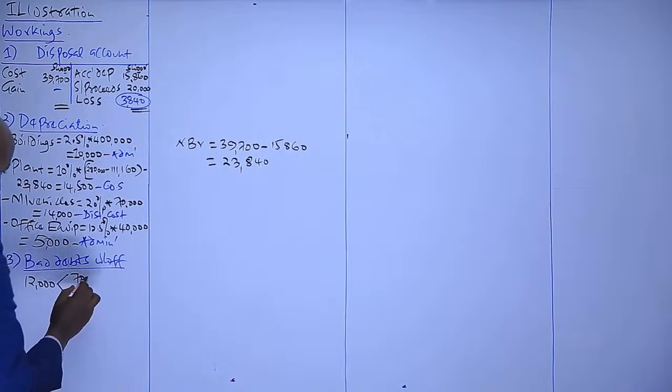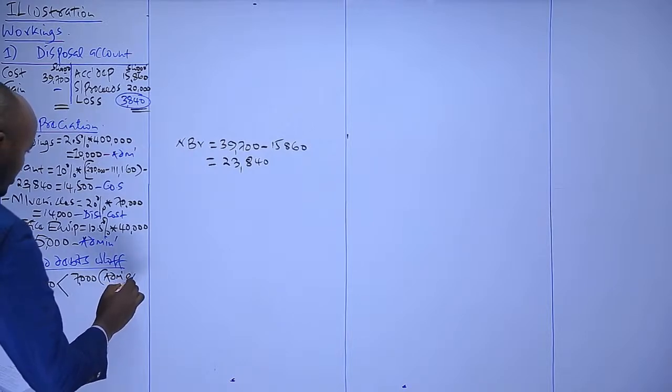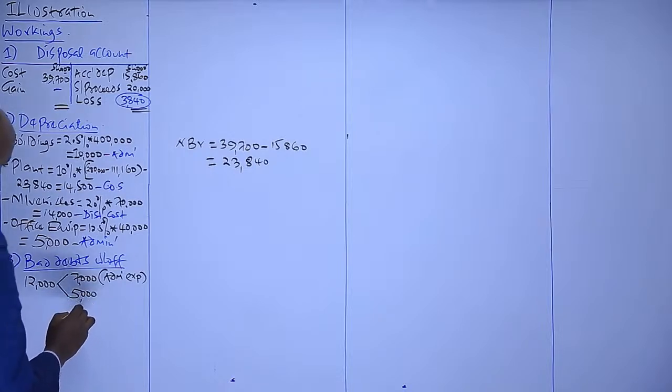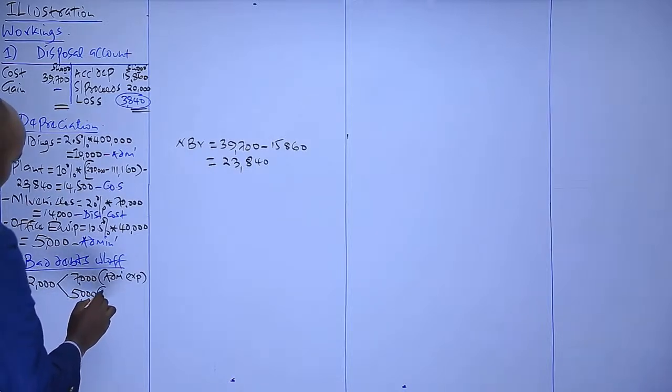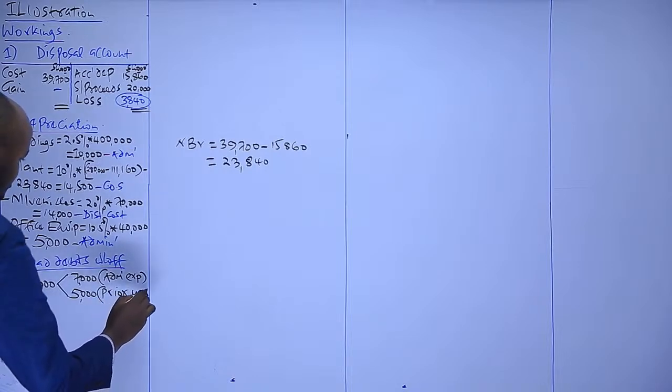So we are told 7,000 relate to the current year. Therefore, in preparing our income statement, we are going to include it as part of admin, and then the difference, which is 5 million, is a prior year adjustment.